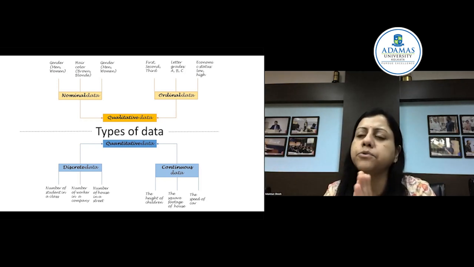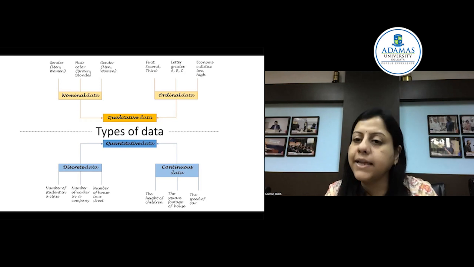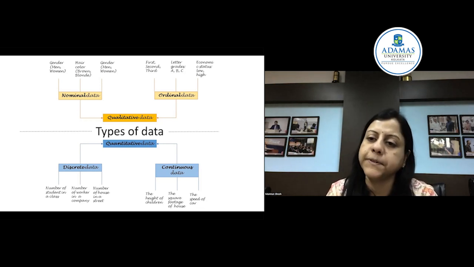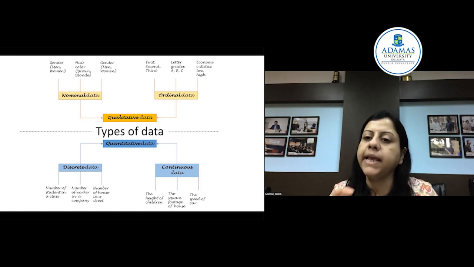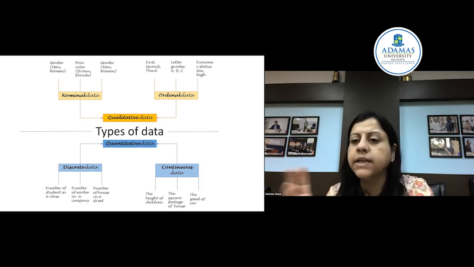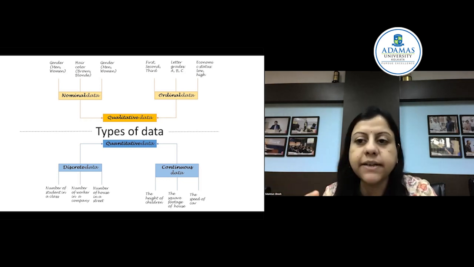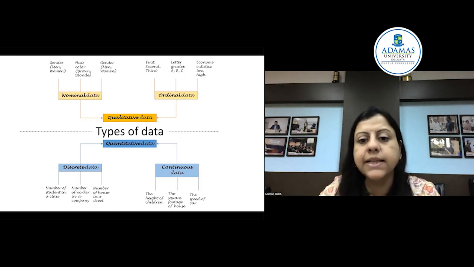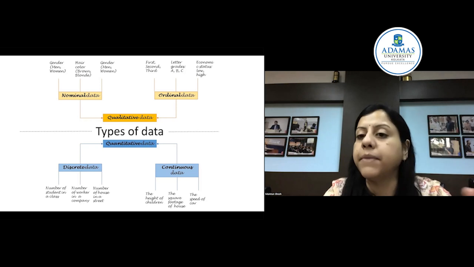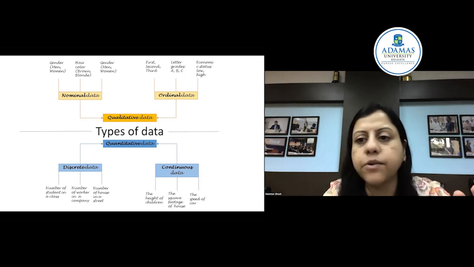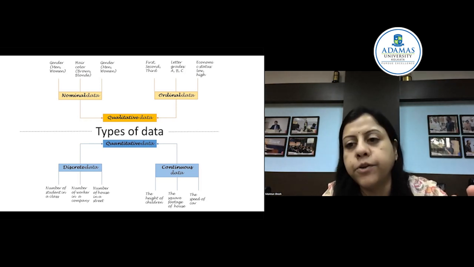So if I ask you to tell me your height, weight, your marks, the average family income, all this will not be a whole number. It will be in decimal points, and that talks about taking the value in between the intervals. That type of data is purely quantitative data, where you come across data sets that you do not have to code as 1, 2, 3.